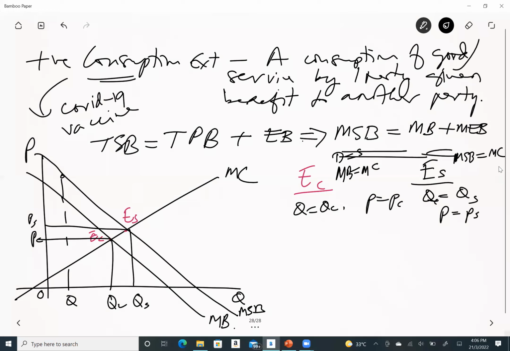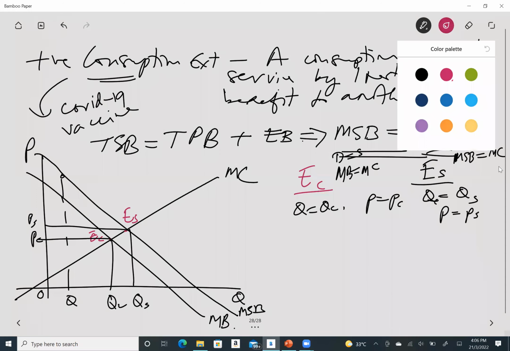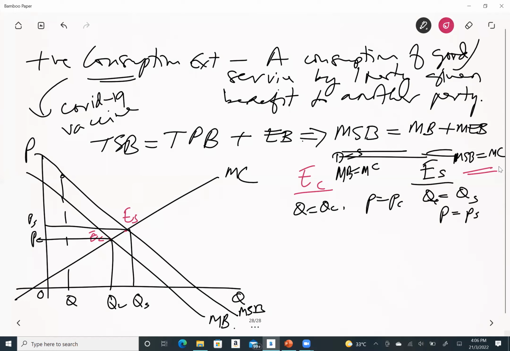So the effect is on the marginal benefit function. So you have the marginal social benefit equal to the marginal cost. You have this equilibrium. We just make the comparison. QC is less than QS. So what do we say?